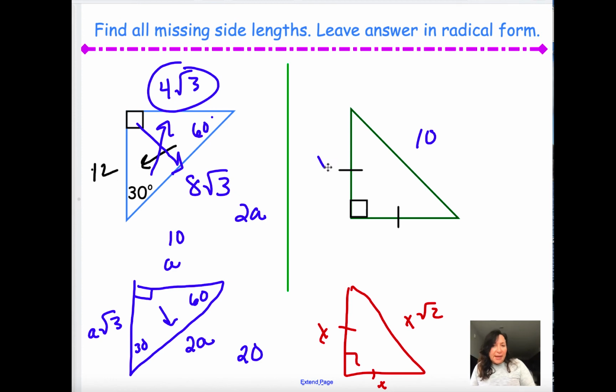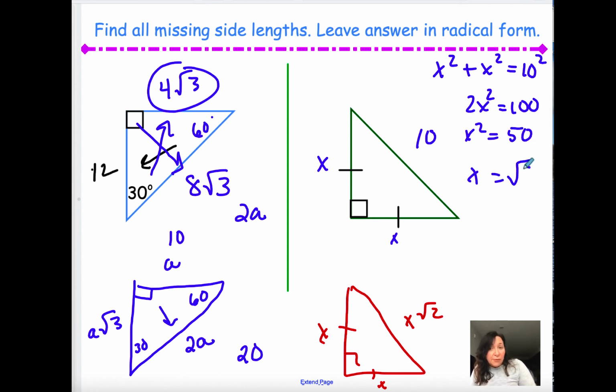How do I find the length of the side? Well, like I just said, I can say x squared plus x squared is equal to 10 squared. Leg squared plus leg squared equals 10 squared. That would give me 2x squared equals 100. x squared equals 50 if I divide by 2. So x equals the square root of 50, which we just said was 5 root 2. So this would be 5 root 2.